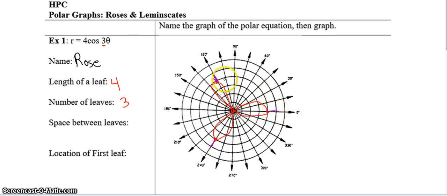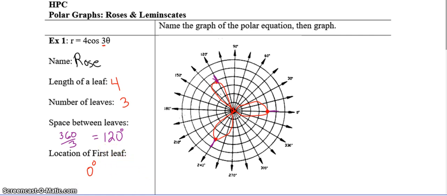Well, we could see here, here, and here it's 120 degrees. But if we have 3 leaves going around the entire circle, how else can we get that? Now, where's the first leaf? The leaf closest to 0, and in this case it happens to be 0. We'll show why that happens in a little bit.